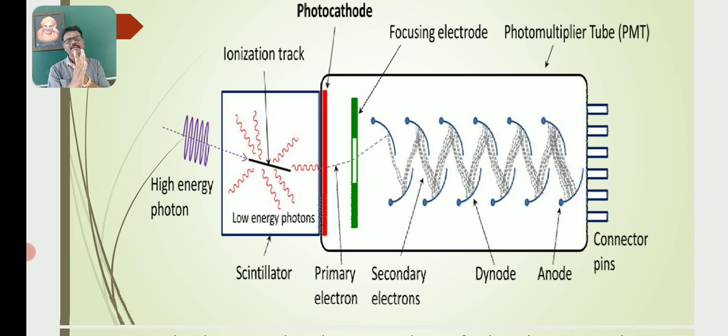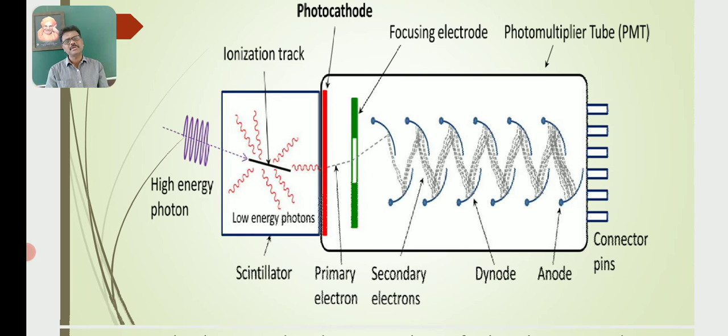What we see in the diagram, the red colored arrow indicates a photocathode. When photons are incident on the photocathode, the primary electrons are ejected from the photocathode due to the phenomenon of the photoelectric effect.